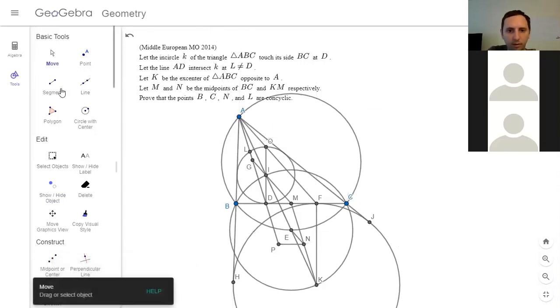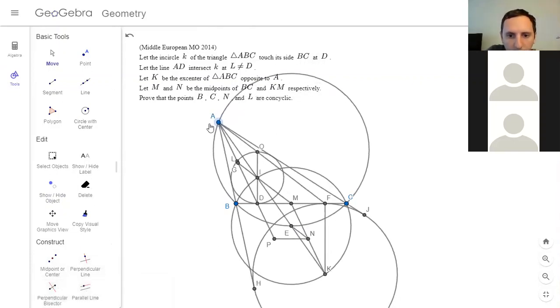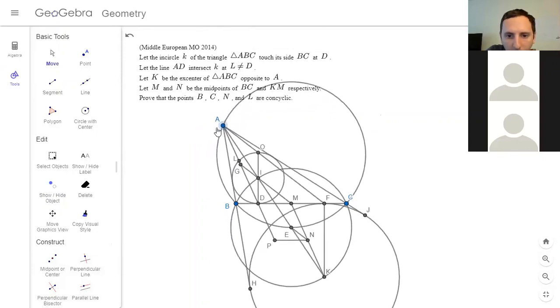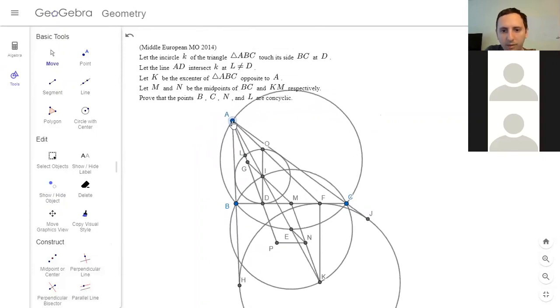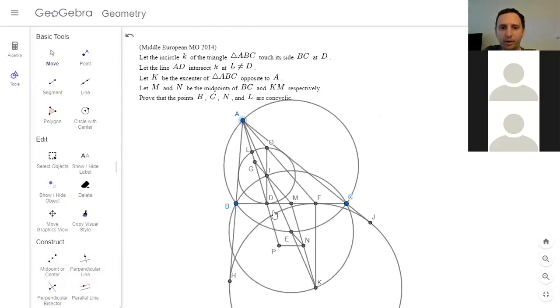Are AD and MK parallel? I'm not sure. Let's see. They look parallel. Wait, that's got to be a well-known fact. Because MD is equal to MF, so we know that. Can we use that to show they're parallel?